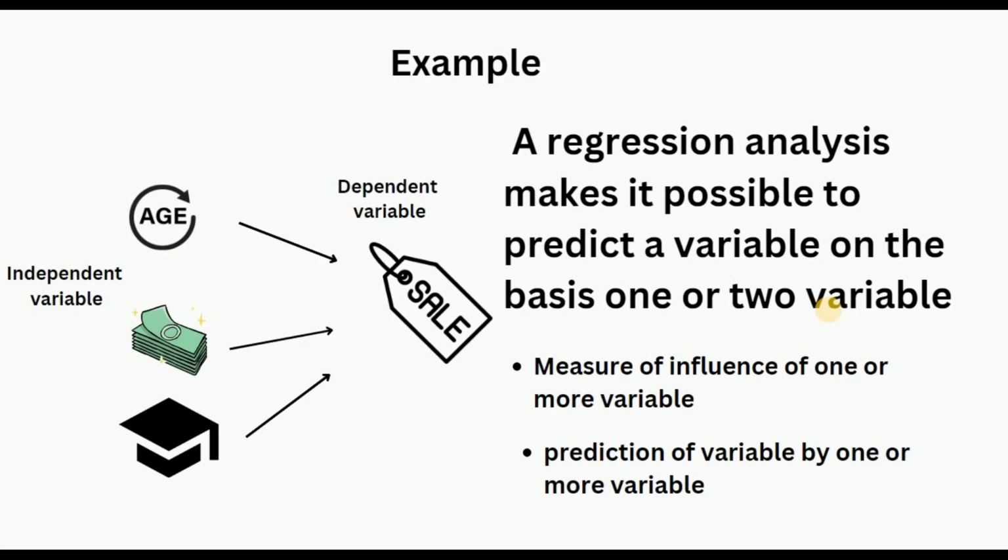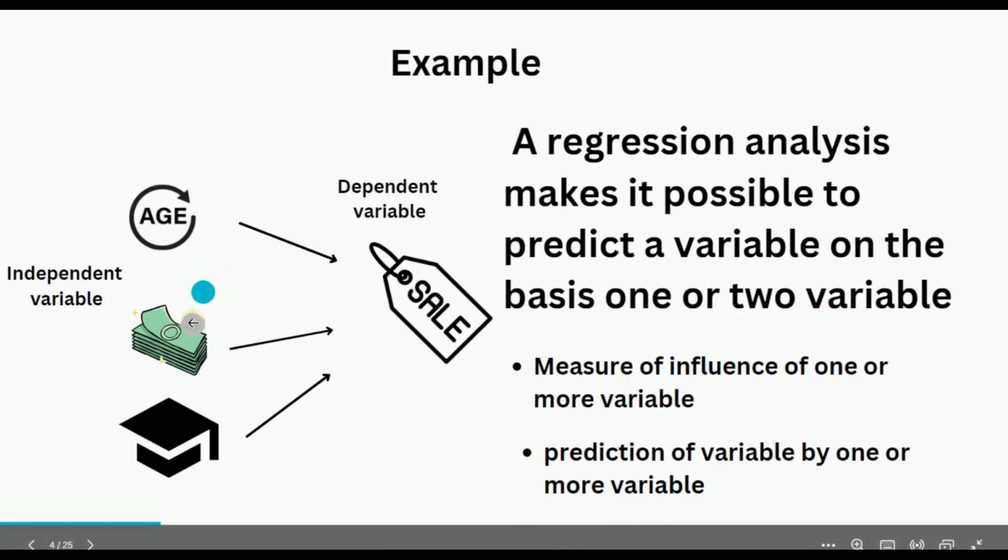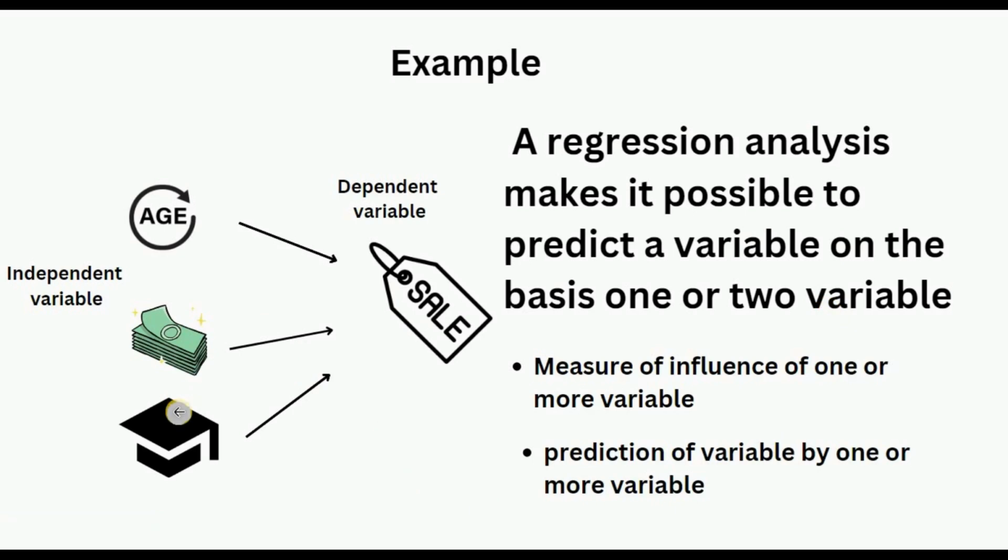From this we can find the relation between the independent variables and the dependent variable, what influence the independent variables make on the dependent variable, and predict sales from them. That is, prediction of a variable by one or more variables, like what possibilities or changes age, salary or education will make in the sales.